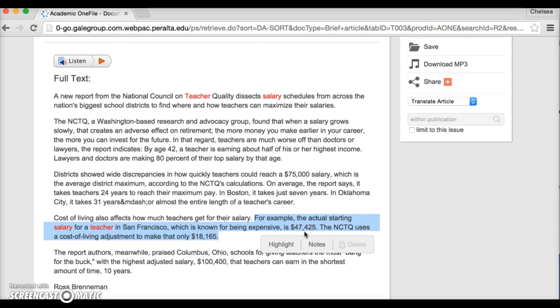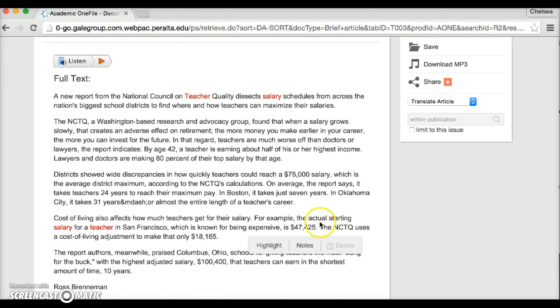And remember that we're trying to use evidence that is very specifically supporting our points, that really shows and illustrates what my point is. So here's my evidence right here. Teachers need to make more money. For example, in San Francisco, the average teacher starts at $47,000.